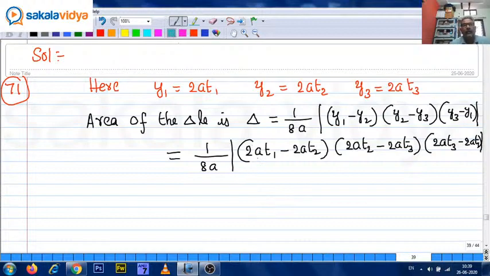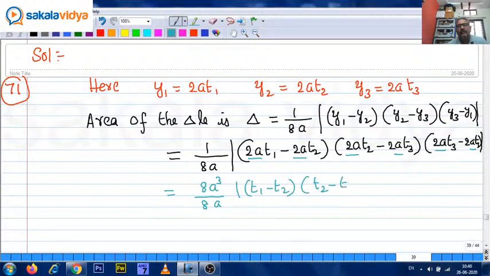Now take 2a common from the first bracket, 2a common from the second bracket, 2a common from the third bracket. You will be getting 2a into 2a, 4a square, 4a square into 2a, 8a cube. 8a cube upon 8a mod of (t1 minus t2), (t2 minus t3), (t3 minus t1). 8 cancels.